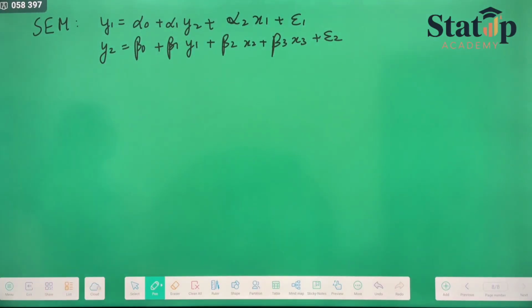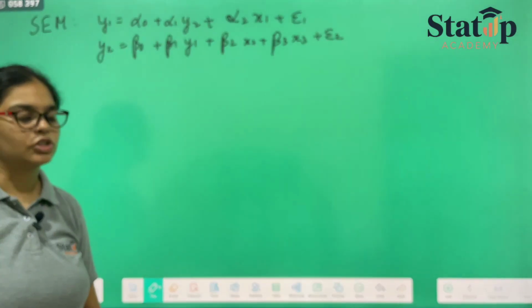These are the two equations of a same model, which is known as a simultaneous equation model.